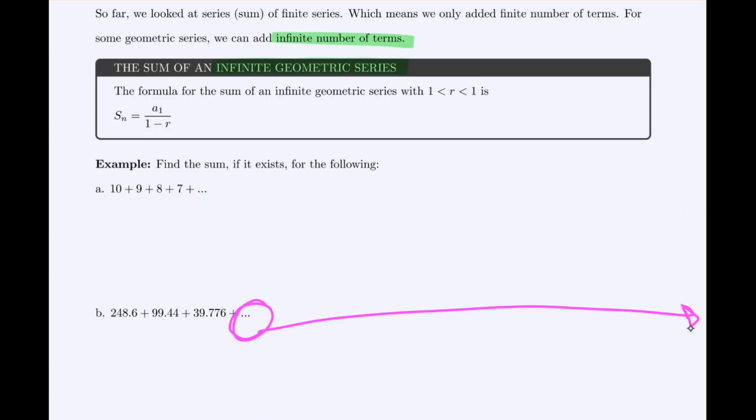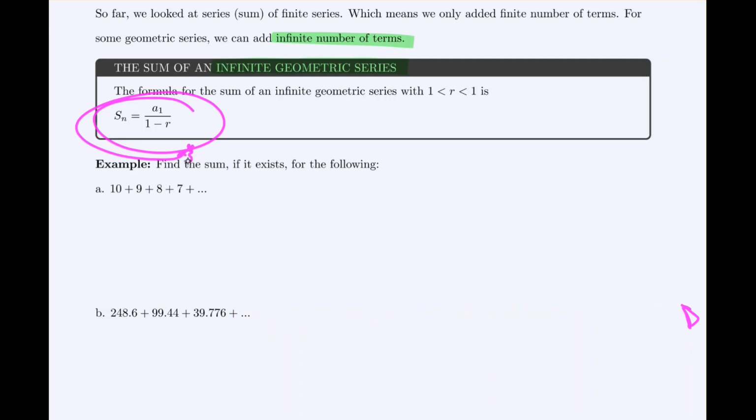In that case, the formula is this: because we're not doing the partial sum up to n, we're doing the entire series added together. So literally adding up infinitely many things. But because geometric series behave so nicely, if our common ratio is between -1 and 1, we've got this formula for the sum of the entire series.